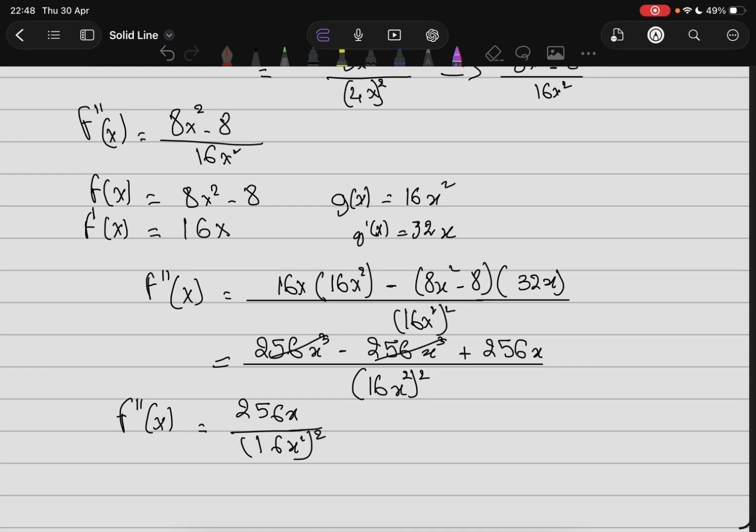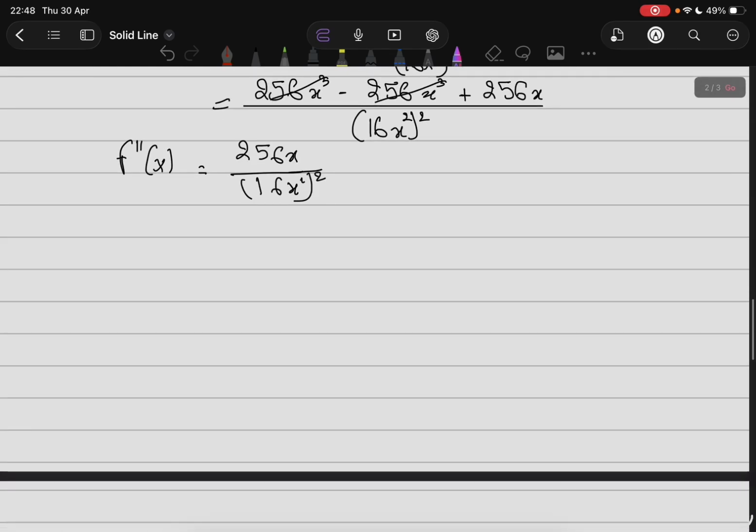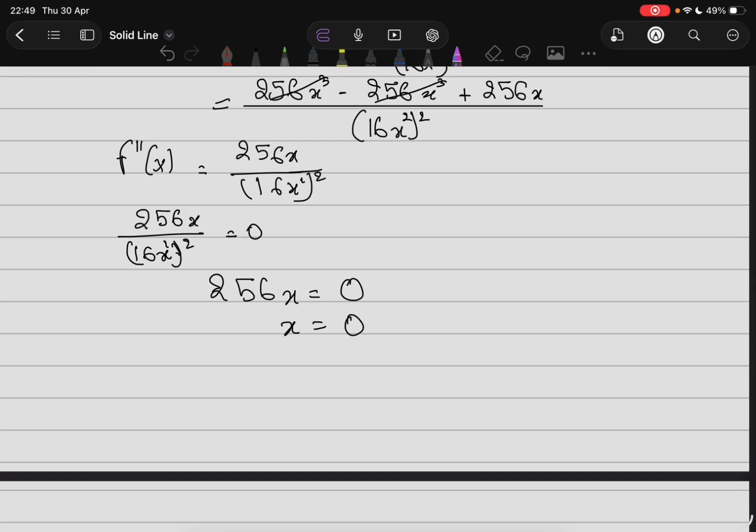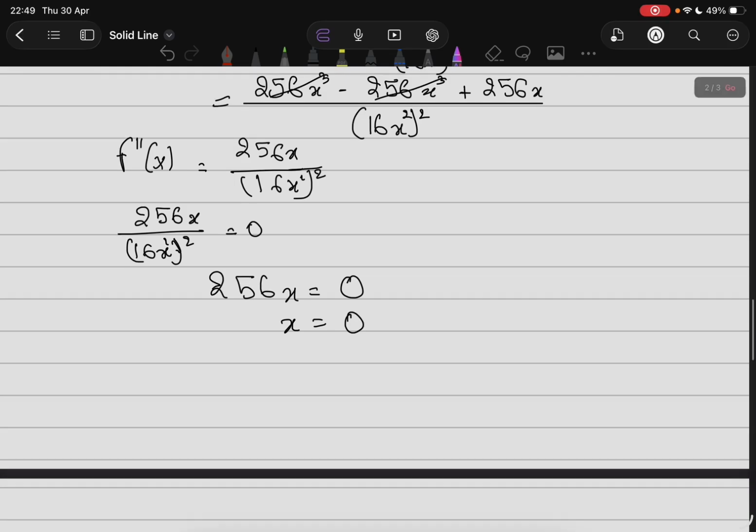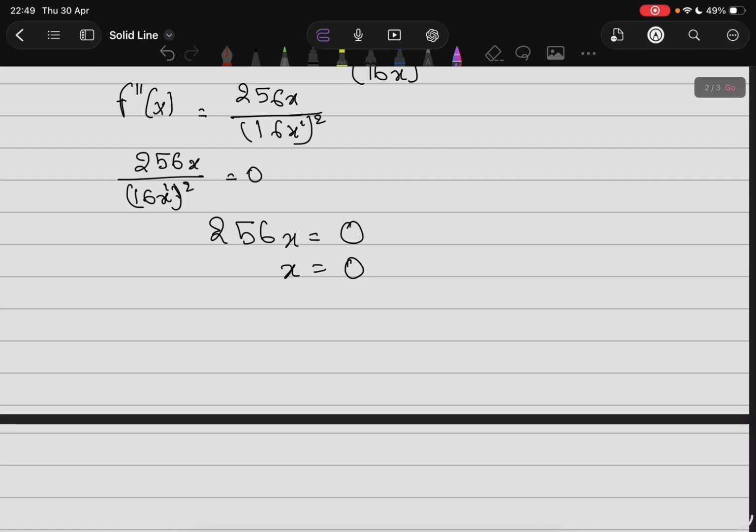Now we're gonna set it equal to 0. So again, we have a situation where x equals 0, and also it's a possible point of inflection. So now we're gonna just test the values around 0.